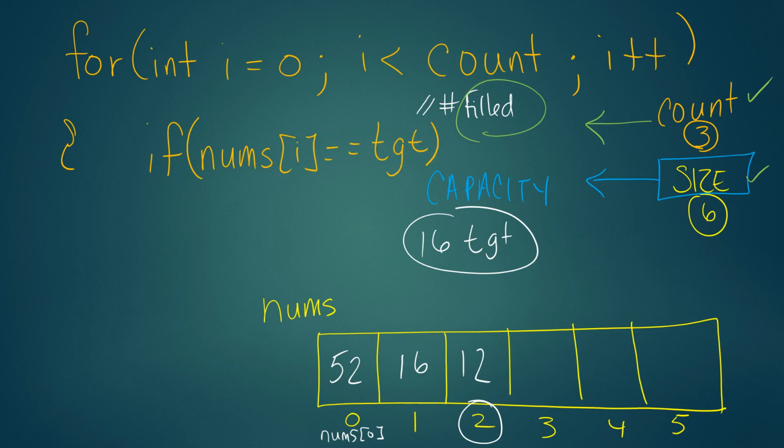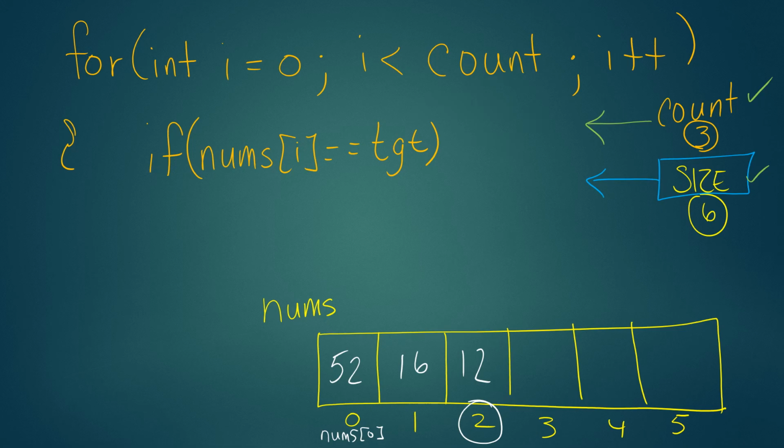All right, so in this case, we have our target, which happens to be 16, and we're going to do the comparison. So we start out, i is 0, so we're going to go to nums of 0, and we're going to compare: does 52 equal 16? Is that true? Nope. So that is not true.